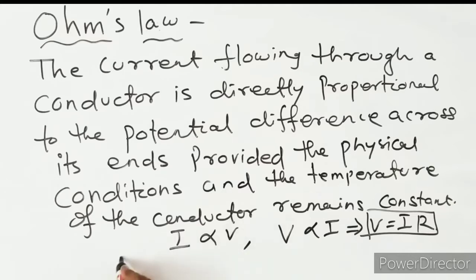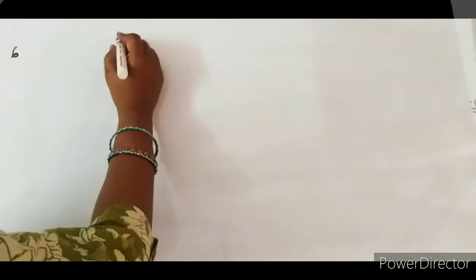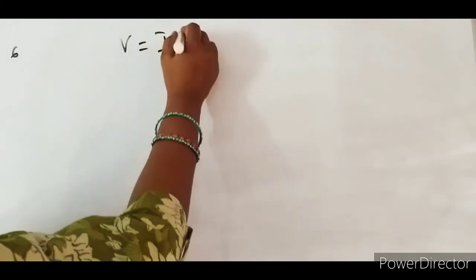What is R then? R is the resistance of this conductor. I will tell you what resistance is. So we got V equal to IR.